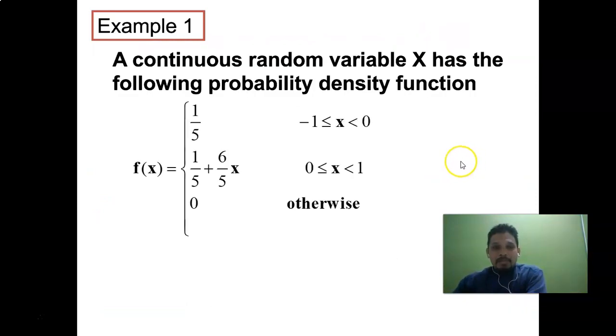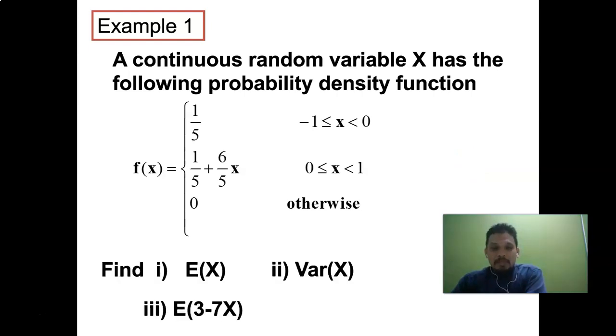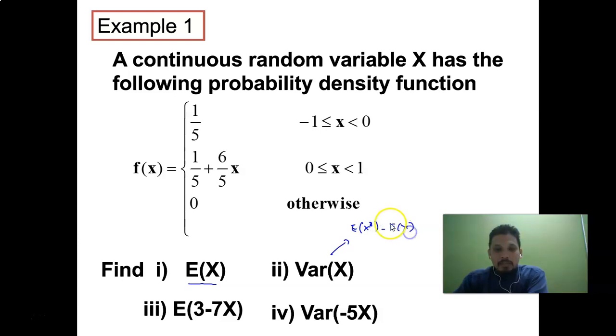So given here now, a continuous random variable x has the following probability density function. Find E(x) and the variance. To find the E(x) or expected value or mean is easy, but for the variance, as we know, it is E(x squared) minus E(x) in bracket squared.